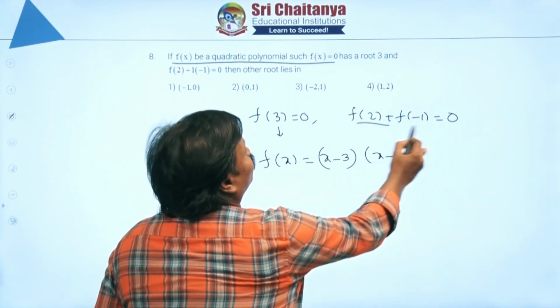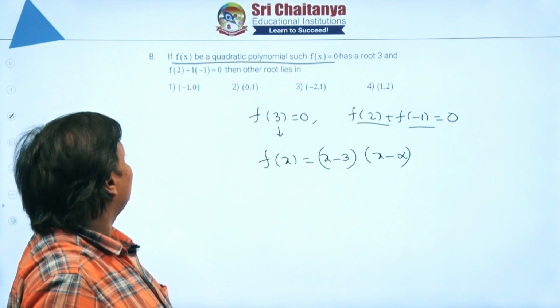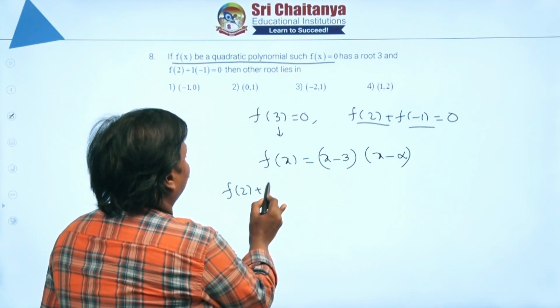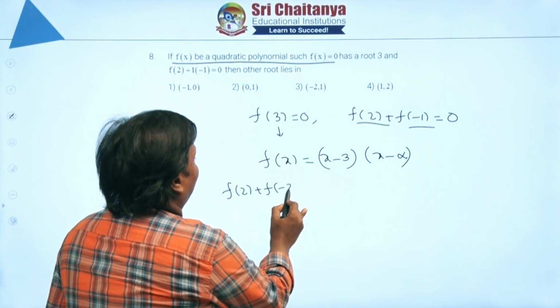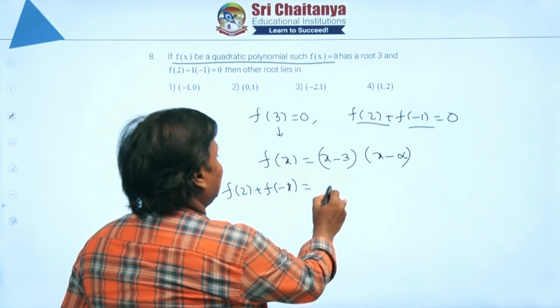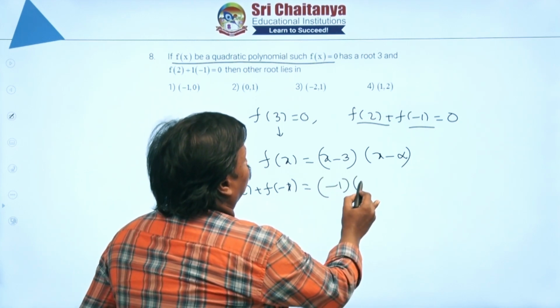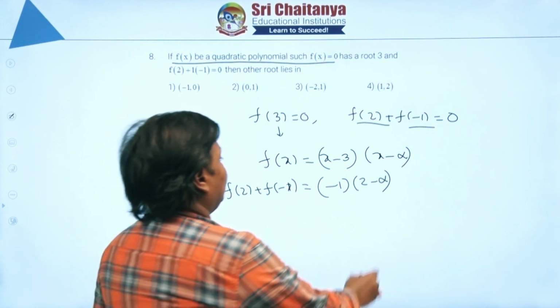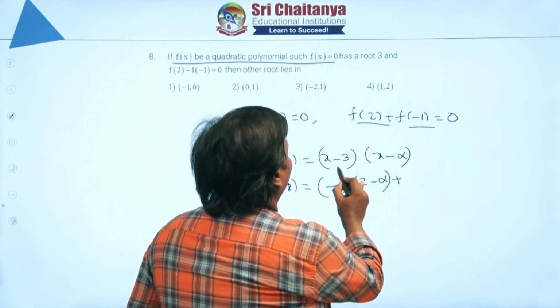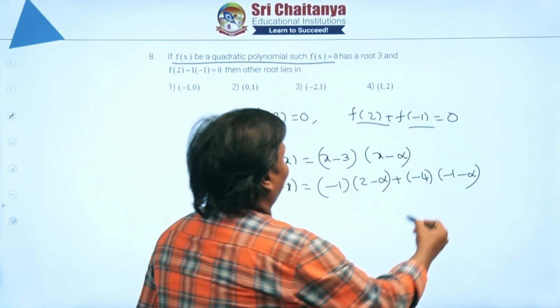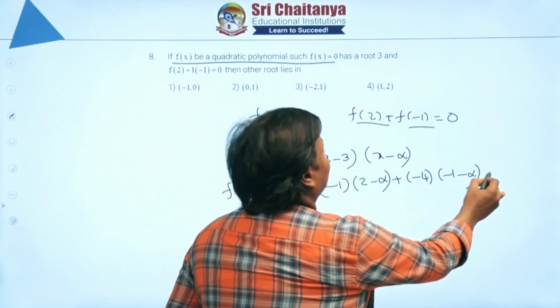Now, he gave one more condition to calculate the value of the other root. He said f of 2 plus f of minus 1 equals 0. If you substitute x equals 2 in f of x, what happens? 2 minus 3 is minus 1, into 2 minus alpha. If you substitute minus 1, it becomes minus 4 into minus 1 minus alpha. This he gave as 0.